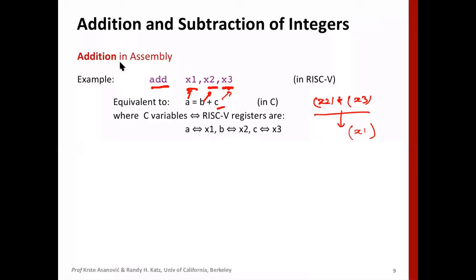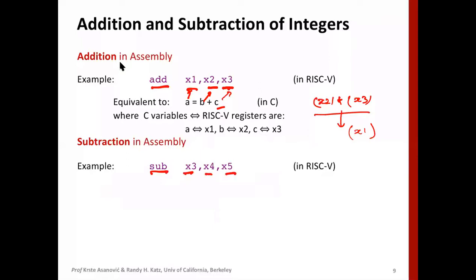However, this is the role of the compiler, right? But in general this kind of mapping is done. All right, similarly subtraction. So we have sub as the opcode, then registers x3, x4, x5. Its semantics is that the contents of x4 are taken and from that we subtract the contents of x5 and move the result to register x3.